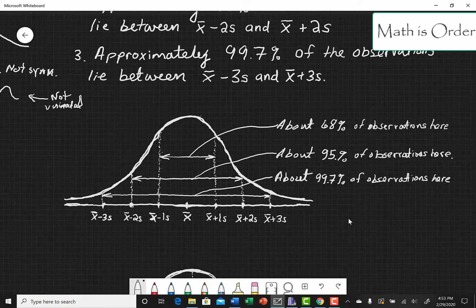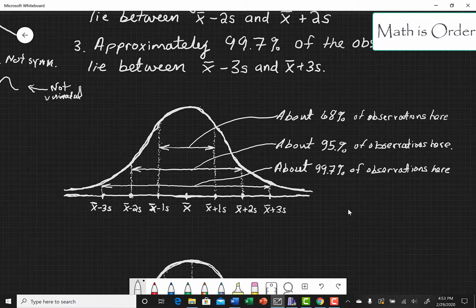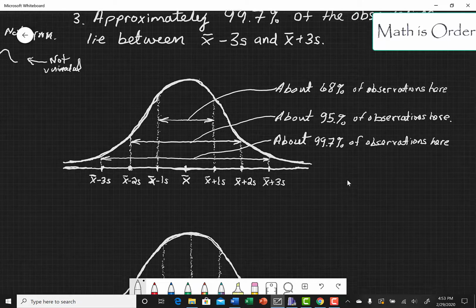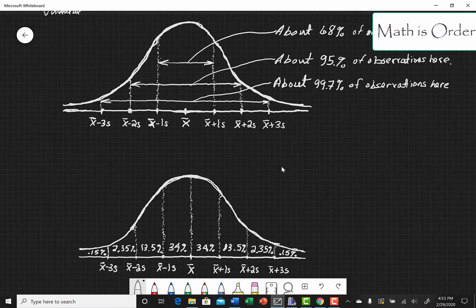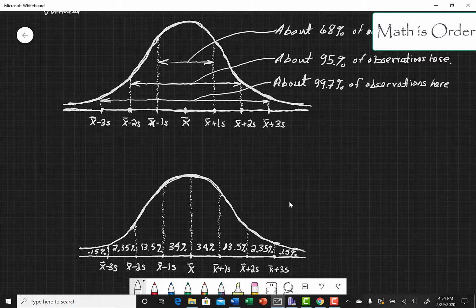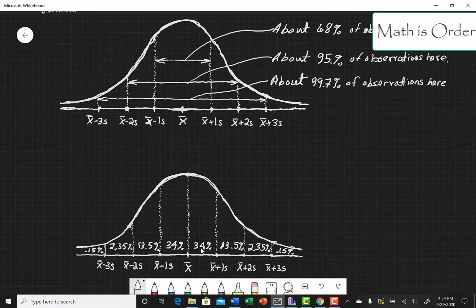All right, now let's look further at this situation. Again, this distribution gives 100% of the observations. If you broke down each region here and tried to figure out the percentages of each, we can do that because of the empirical rule.